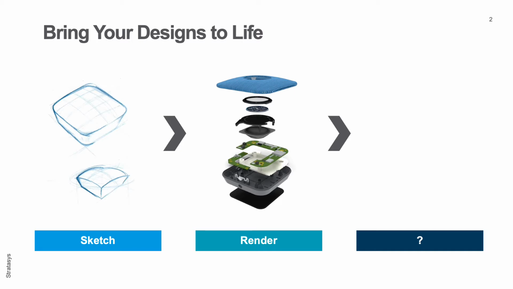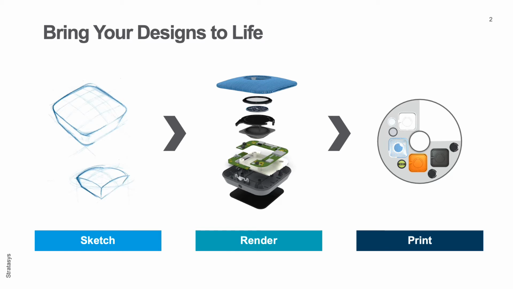And still others make great effort with physical models made by hand, like foam models, carving them, shaping them. It's an art form. But what if there was a better way to fill the gap between render and reality, to make that leap? What if 3D printing could solve design challenges?